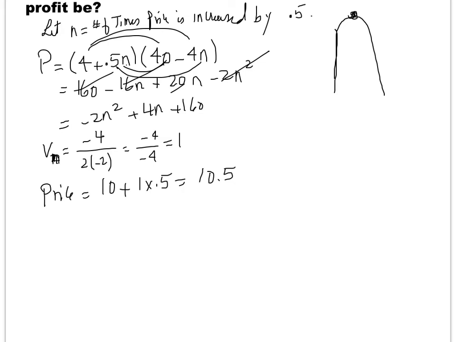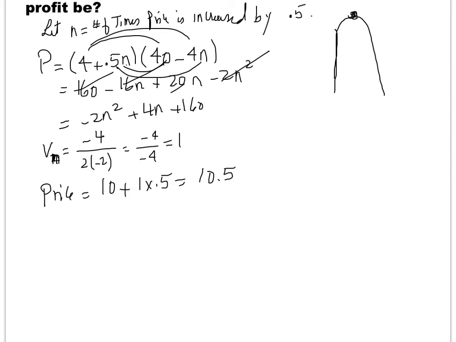So if they increase the price only once, they are going to maximize their profit, for a $10.50 scarf. Now, if you want to know the maximum profit, we are going to substitute the value of v sub n in the equation to find p.